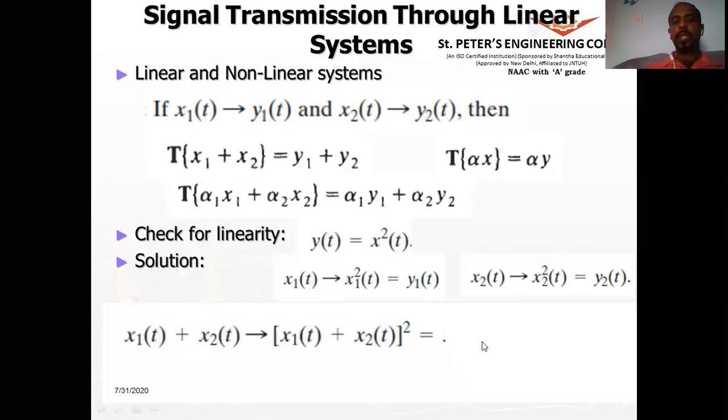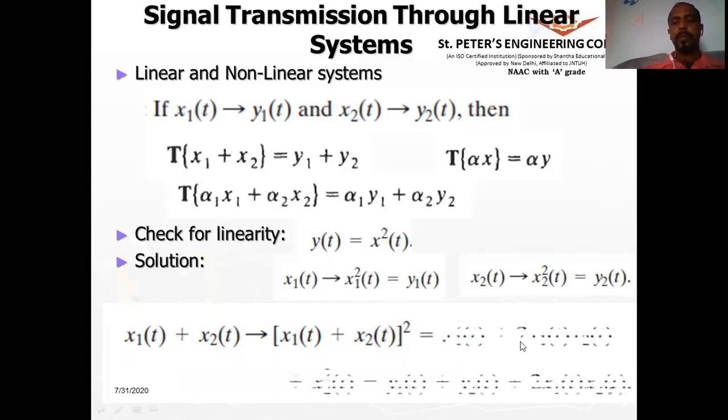So this 2 times x1 into x2 will be an extra term which will not be present in the previous outputs, right? Because y1 gave me only x1 square of t, whereas y2 of t gave x2 square of t. But this is an extra term, x1 x2 of t.